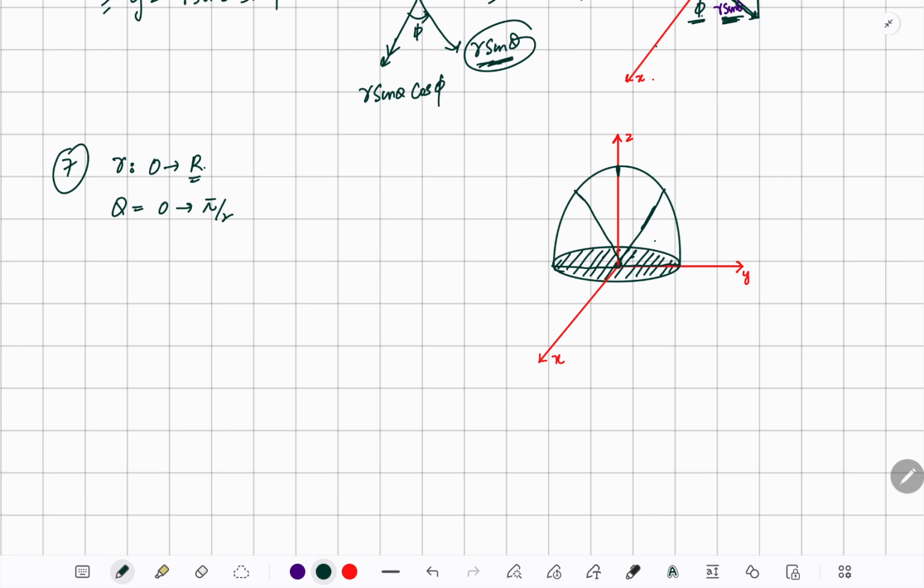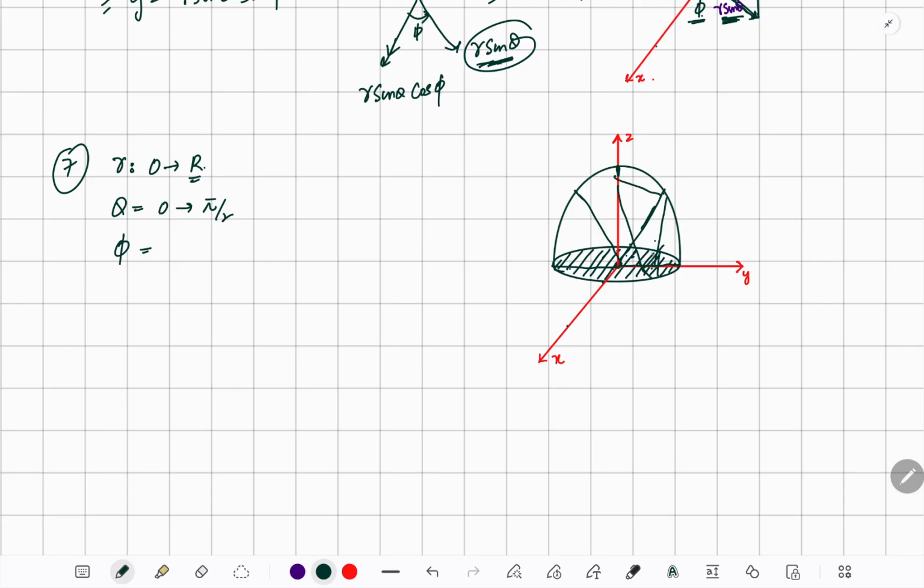Okay, now third thing is phi. In order to cover this hemisphere, you have to rotate through the whole 0 to 2 pi, because you have to move from x to y to minus x, then minus x to minus y, minus y to x. Then you will be able to cover this whole hemisphere.